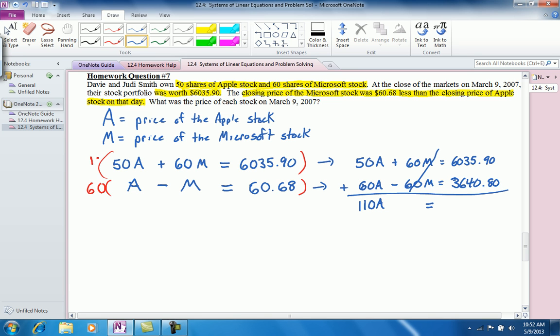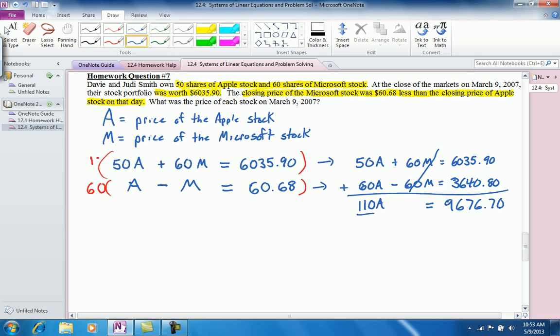as was the goal, and 6,035.90 plus 3,640.80 is 9,676.70.